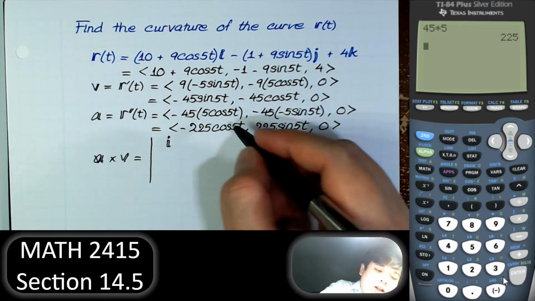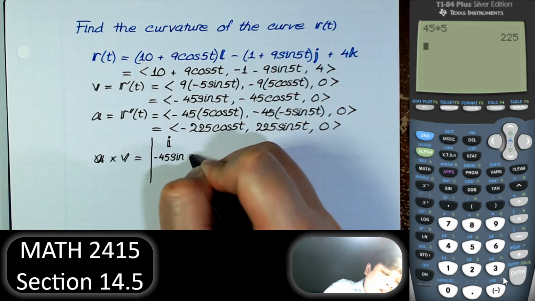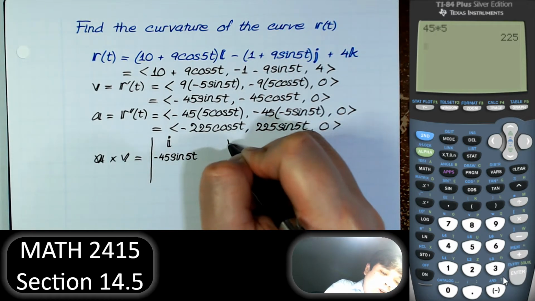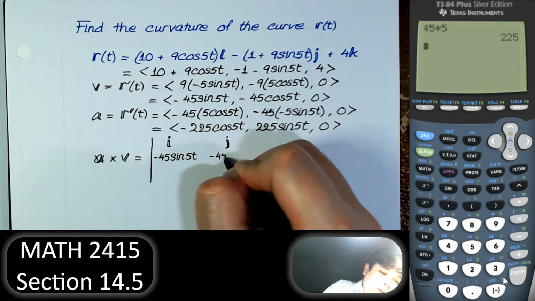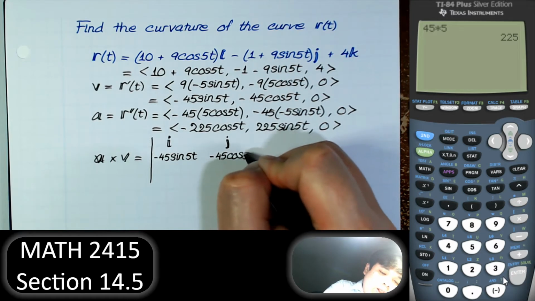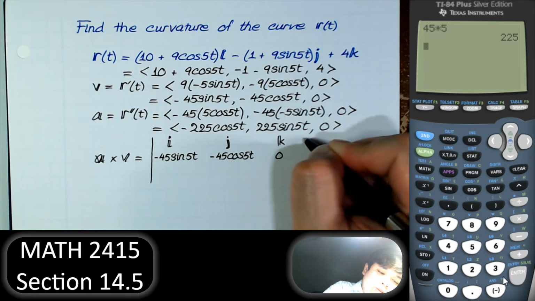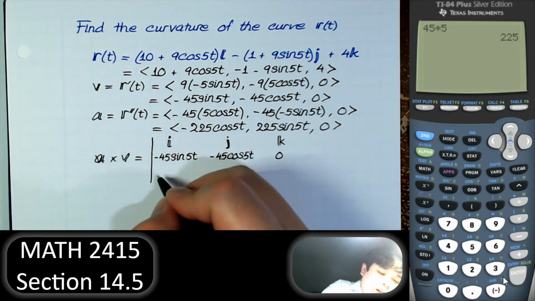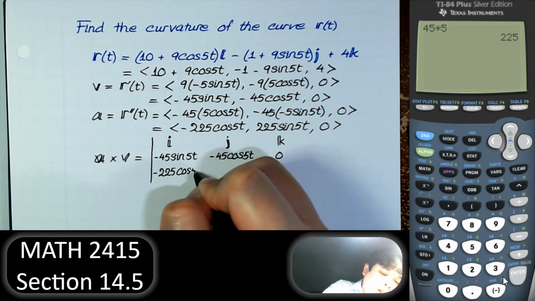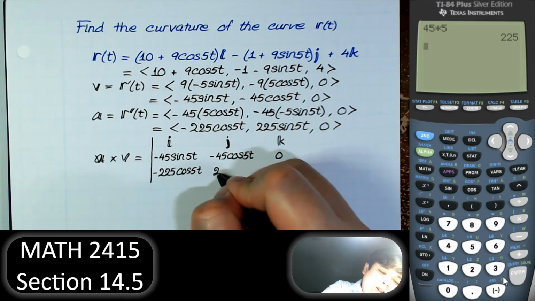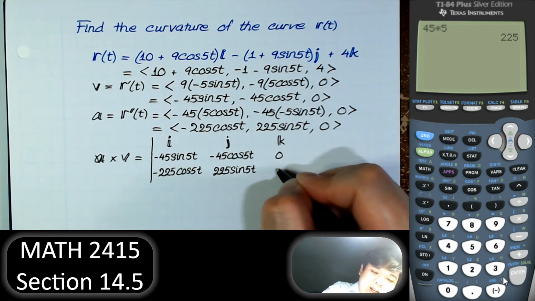So I component negative 45 sine of 5t, J negative 45 cosine of 5t, and K 0, and then A negative 225 cosine 5t, 225 sine of 5t, and then 0.